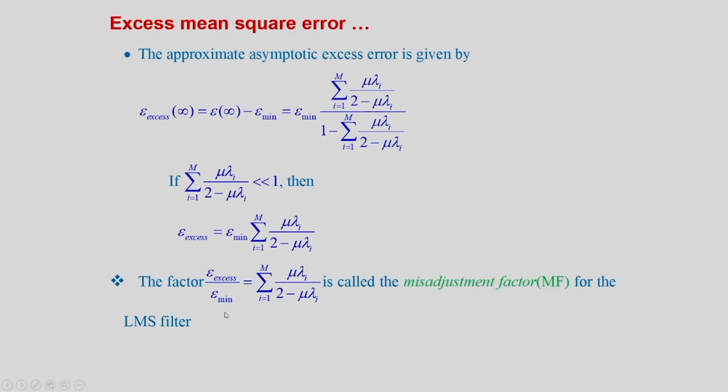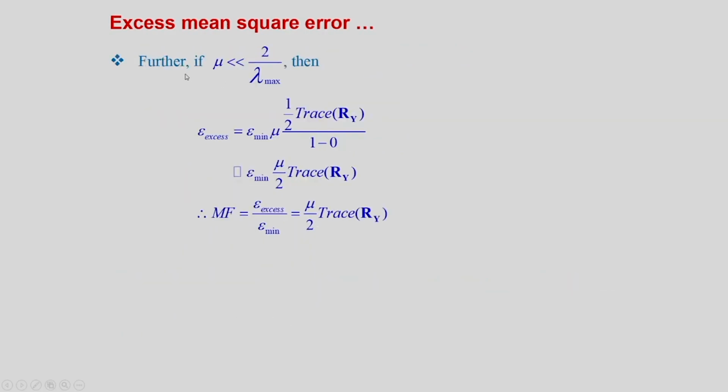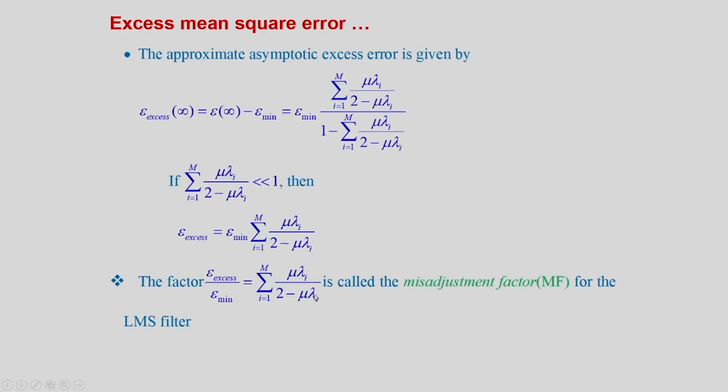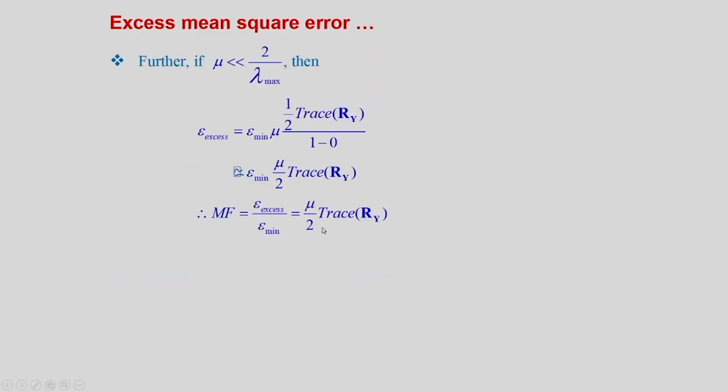So, there will be an excess amount in the mean square error by this factor. Further, if mu is much less than 2 by lambda max, then the excess mean square error can be approximated by this relationship: epsilon min into mu by 2 into trace of Ry, because here this term becomes 1 and this becomes summation lambda i, which is equal to the trace of the Ry matrix.